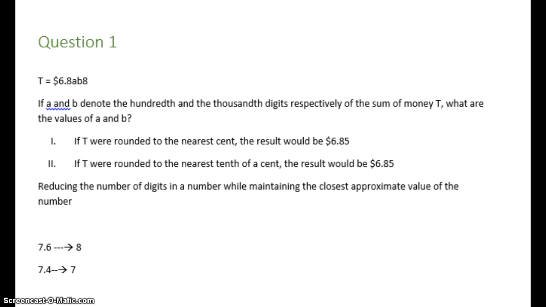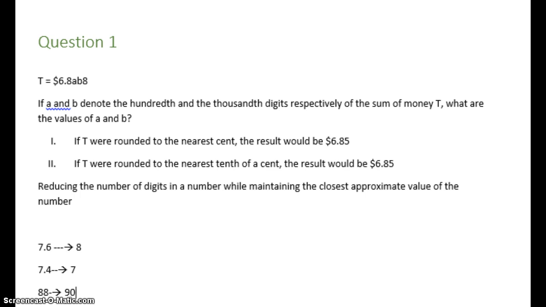Now we can round off these numbers to the degree, so to speak, or accuracy to which we want. For example, suppose I tell you I want to round off 88 to the nearest 10. What would be the answer? Which is the closest 10 to 88? 90.